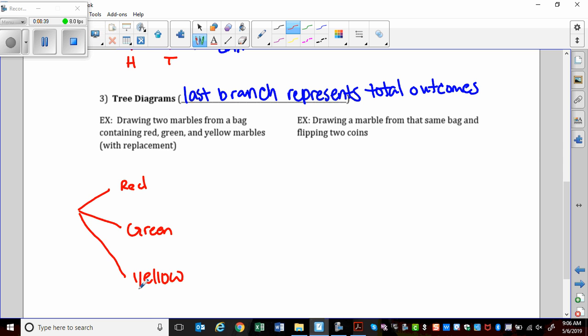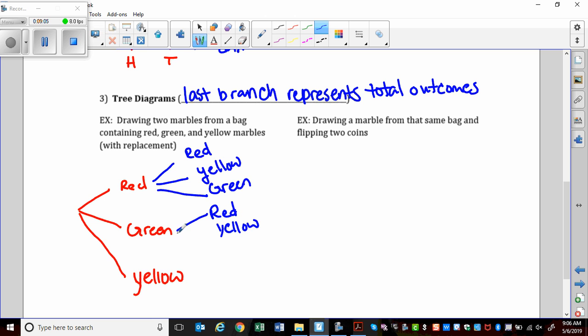And since we're going to replace it, put that red one back in, I can now draw a red again, a yellow, oops, I forgot green, green. Again, after I put that green back in, I can now draw a red, yellow, or green. And then if I put that yellow back in, I can now draw again a red, a yellow, or a green marble.